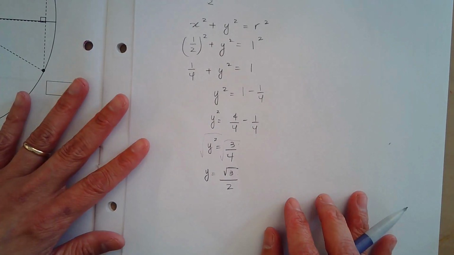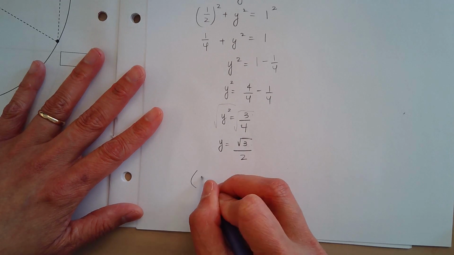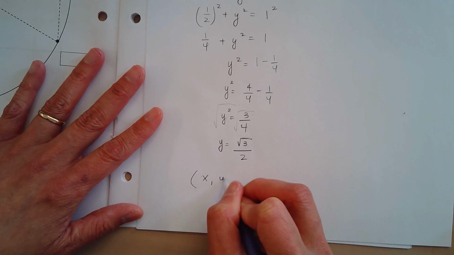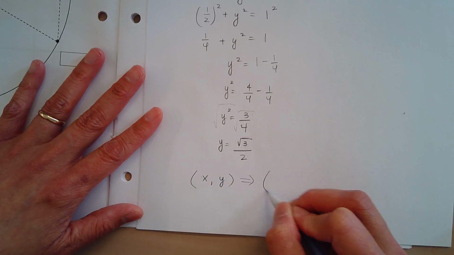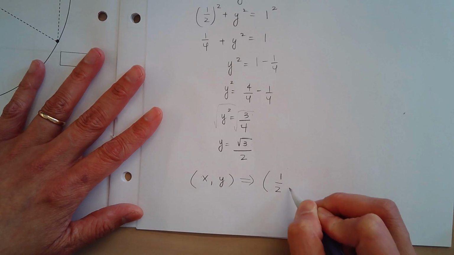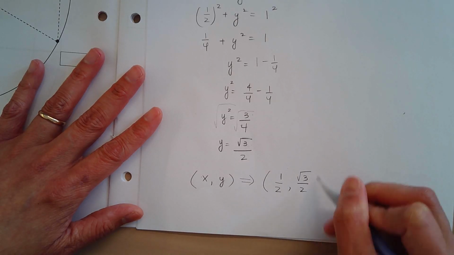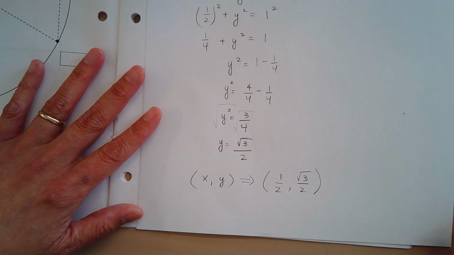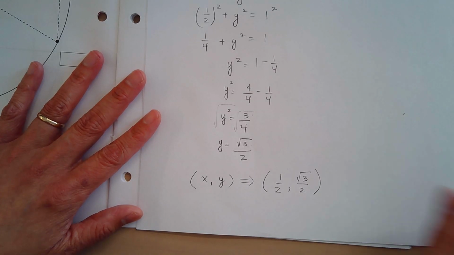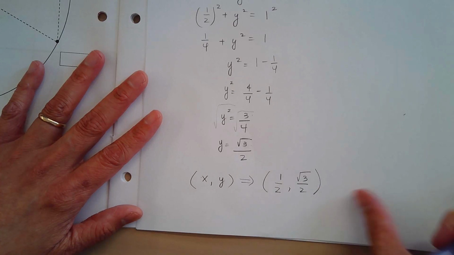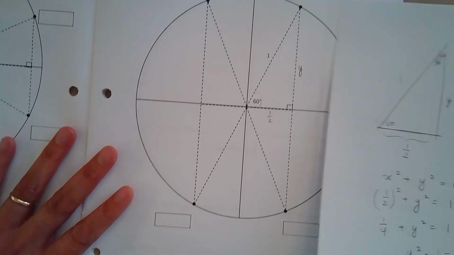So what's the x? Therefore x is 1/2. And what's the y? Root 3 over 2. Okay, so 1/2, and then the other one is root 3 over 2. Now we're going to put that over here.